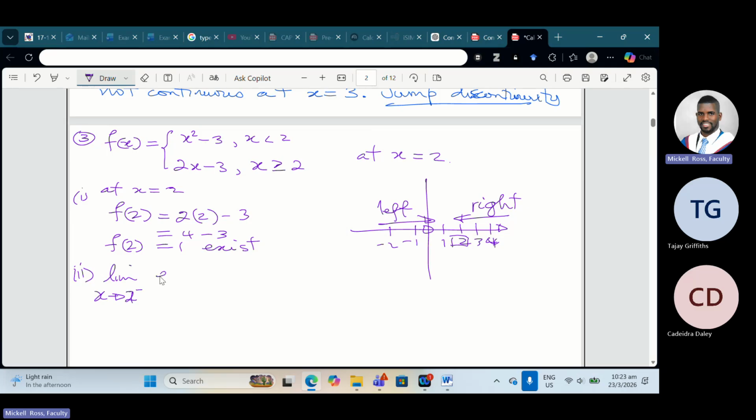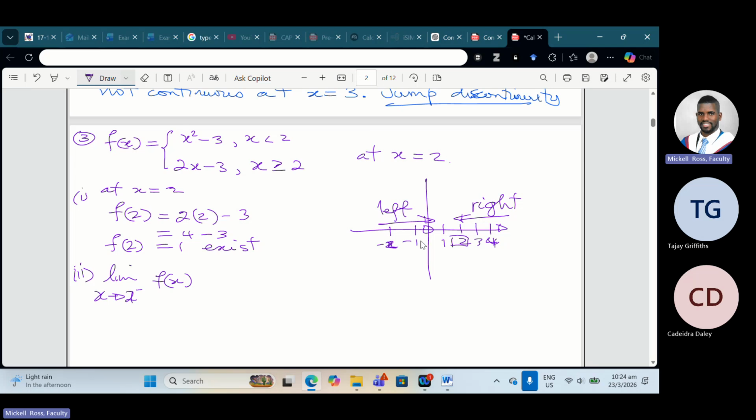All values of x that are less than 2, see the numbers over here: 1, -1, and -2. These are numbers that are less than 2. 0 is less than 2. It's on the left hand side of the number. In the middle I have the number, you have the left hand side and the right hand side. So the numbers that are less than 2 are on the left hand side.